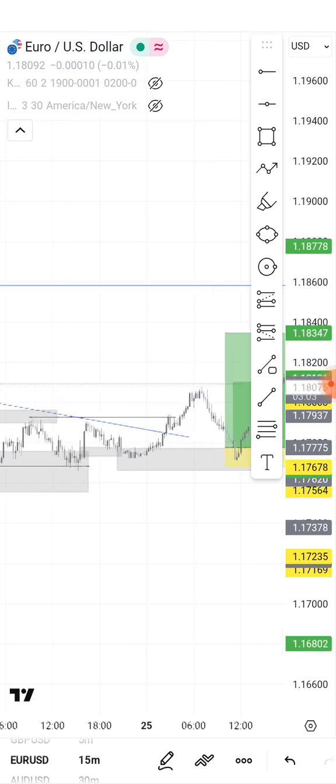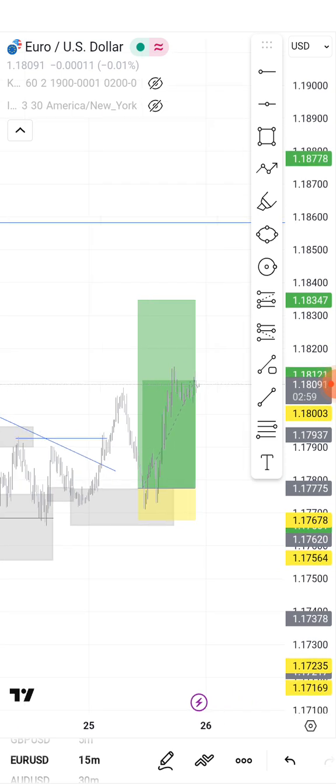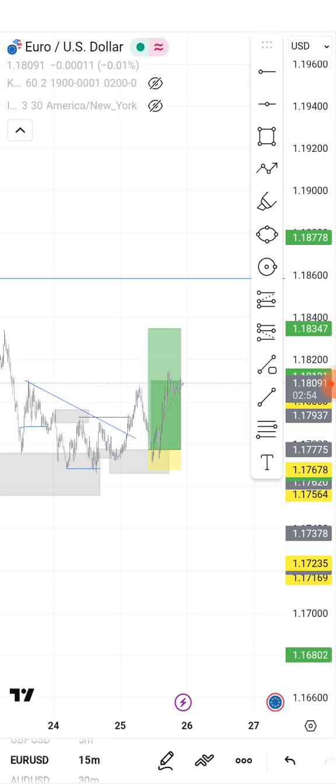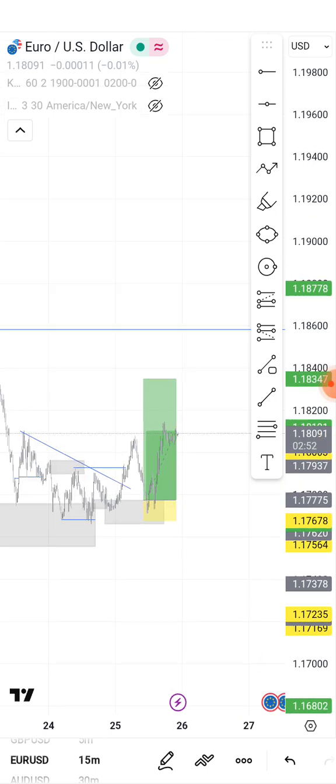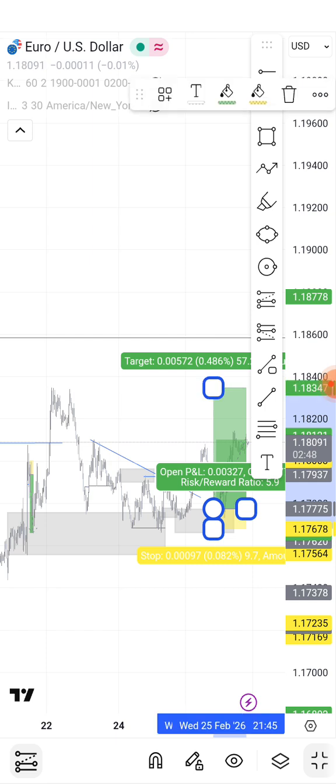Then it gave us a change in state of delivery, which is this line here. Then we entered longs. Here is where the trade currently sits. I'm targeting this particular high here.